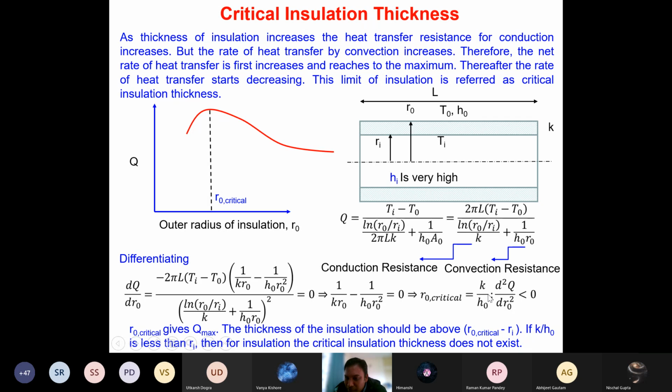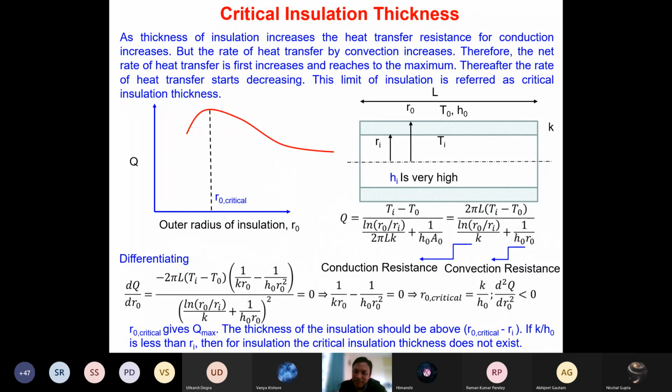If I subtract Ri from this expression, it will be the critical insulation thickness. Do you agree with me? Again, I have calculated this for the cylindrical geometry, but for spherical geometry also you can obtain a similar expression. Is it clear to everyone what we are doing?